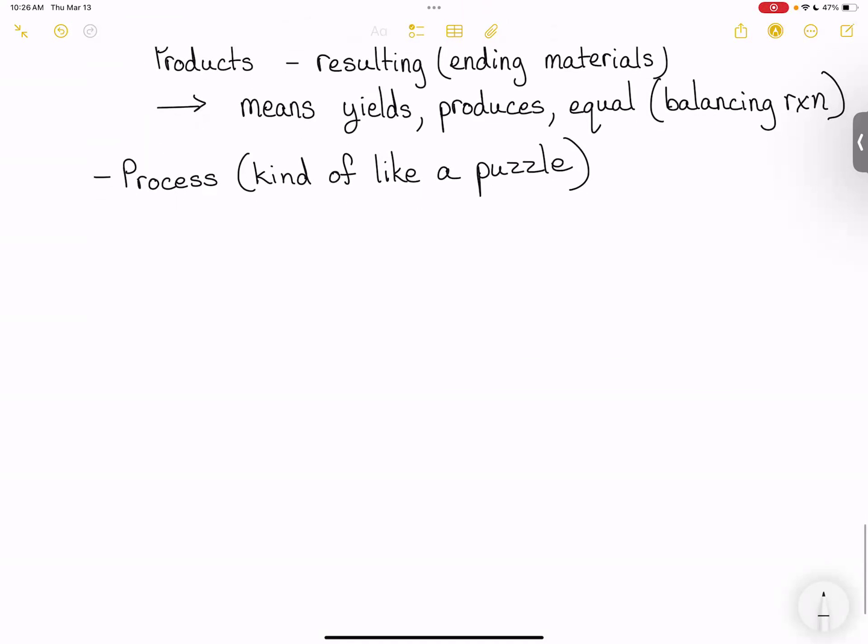Now, the hints, if you will. Number one, make a list of the elements in the reaction.